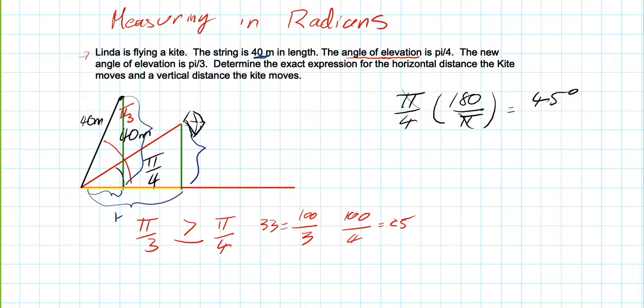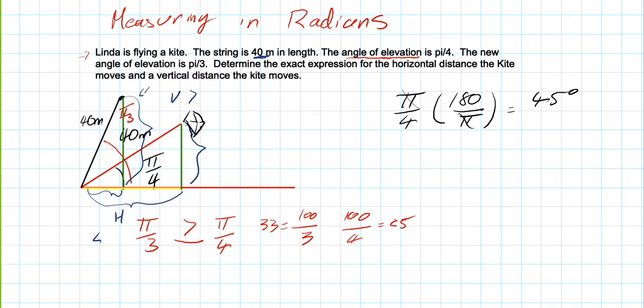So our horizontal distance is shrinking, so it's getting less, and our vertical distance is getting larger. So we got some general ground rules. I know I'm going to have a higher distance for vertical, but a smaller horizontal distance here. And that's just because the radius is only so long, right? Just like we're moving around a circle.